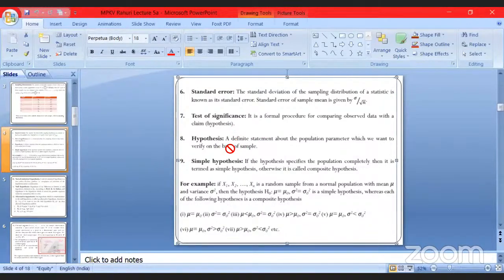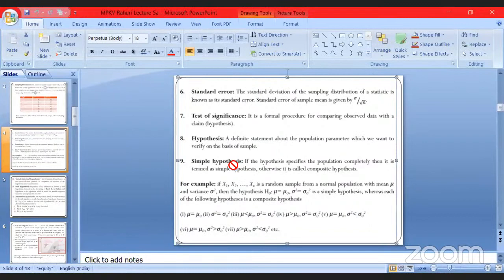Definite statement comes in hypothesis. The next important word is population parameter. It is not about statistics. It is not about the sample. It is about the population parameter, which you want to verify on the basis of the sample. So if the question asks whether hypothesis is related to population parameter or sample statistic, the answer is population parameter.